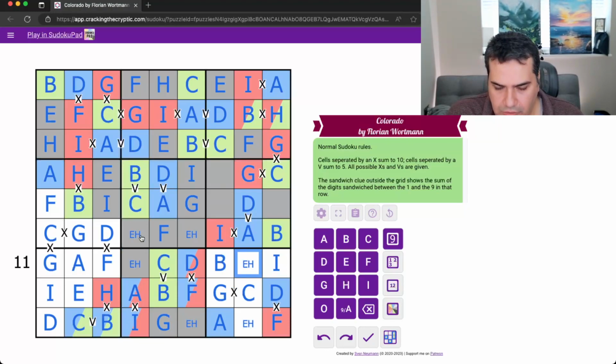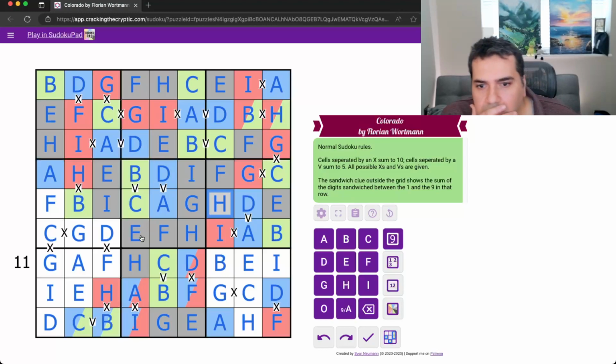B can't be next to an H without an X. So that's done all the low digits, so E goes in here, F and H, F, and that's all the letters in the grid.